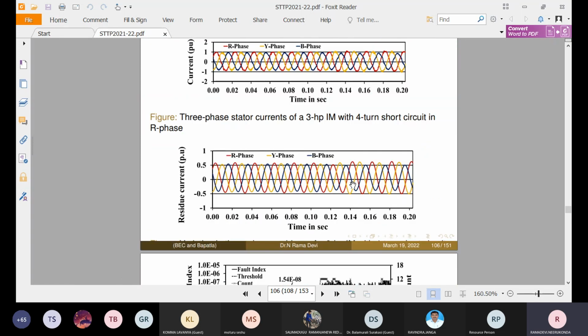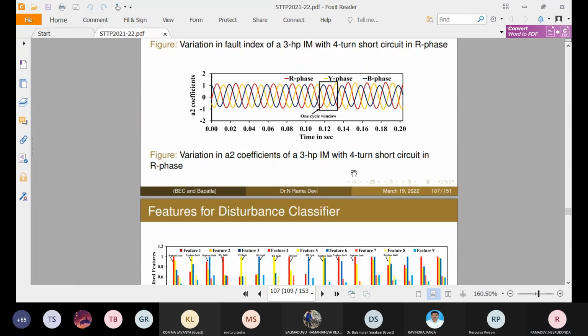For that purpose, we require the features. Whenever we implement a classifier, we require the features. For what purpose do we use the classifier? To fasten the process. We apply the condition monitoring technique, so without delay we can identify which type of disturbances happen on the system.